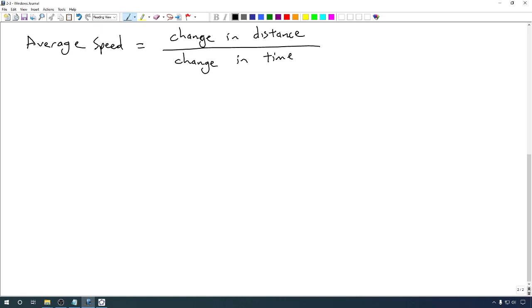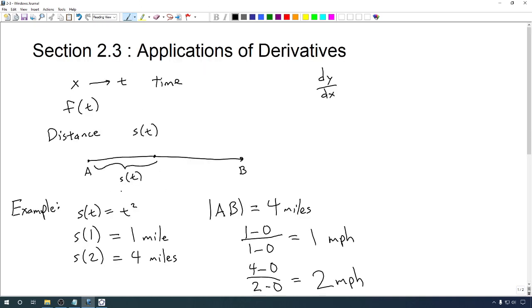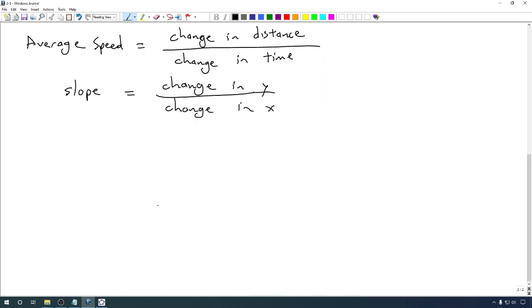Now this formula should actually be kind of familiar to you. This is the same formula that we use for slope. Remember, slope is a change in y divided by a change in x. Now we're using different variables here, so change in time would be a change in t instead of a change in x, and a change in distance would be a change in s or a change in d, depending on what you want to use for your letter there.